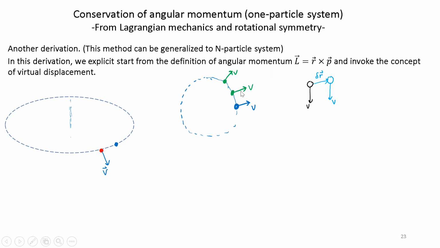This is a difference between an angular virtual displacement and the linear virtual displacement I talked about. Last time I shifted the particle by some linear distance, and the velocity doesn't change. This time, if you do an angular virtual displacement, the velocity vector has to adjust as well. That's what happens.